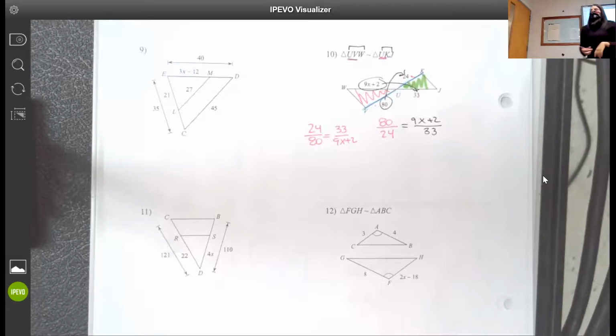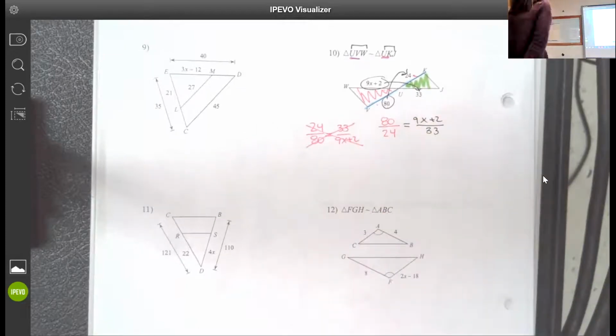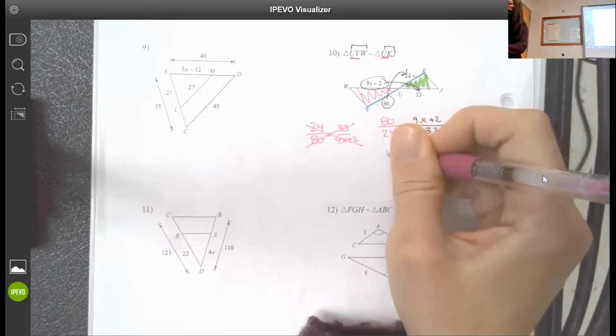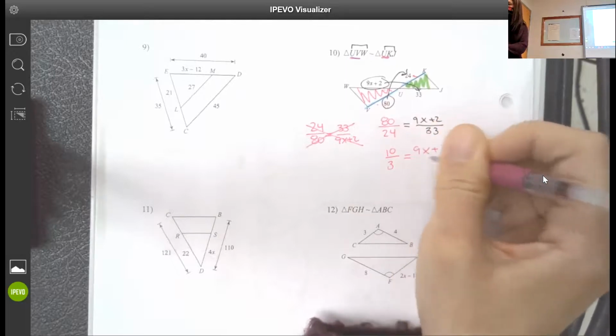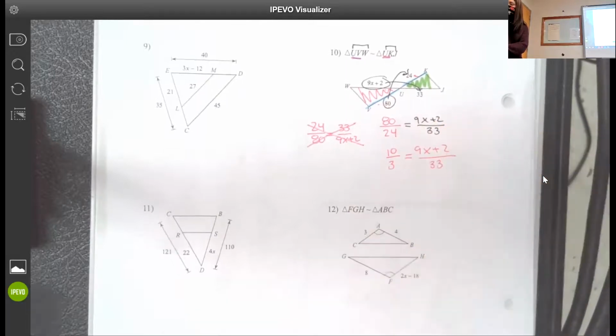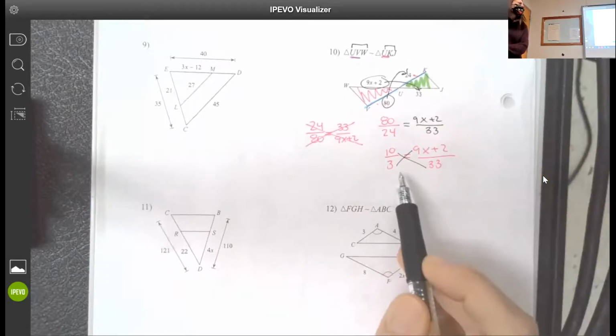Okay, so 80 over 24. Oh boy, I don't know. What should we start with dividing by? 8 gives me 10 thirds. Man, that's a whole lot nicer to multiply by, huh? And then cross multiplying, what do I need to do here?